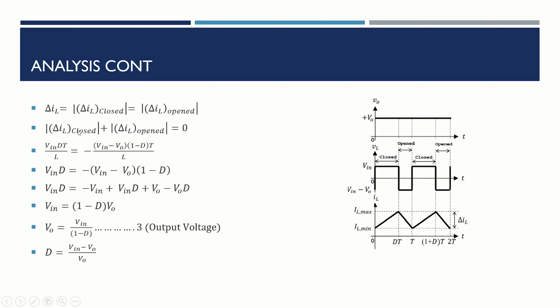By solving this equation, we obtain Vout equals to Vin divided by 1 minus D, and D will be equal to Vin minus Vout divided by Vout. So let's proceed to the last analysis.